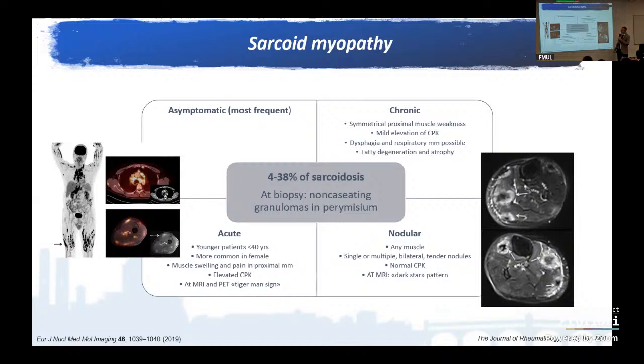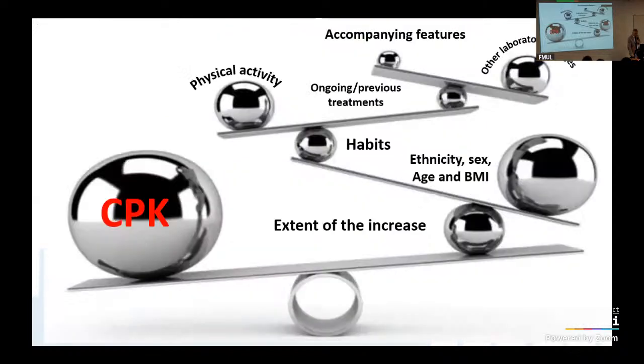Biopsy is important also because of some changes in muscle MRI that may be focal. Please check it and remember that sarcoidosis may also lead to an increase of CPK.